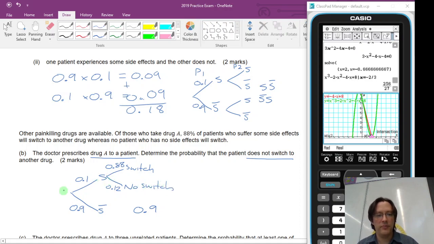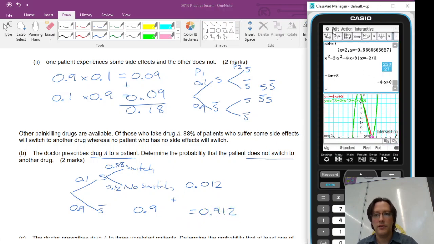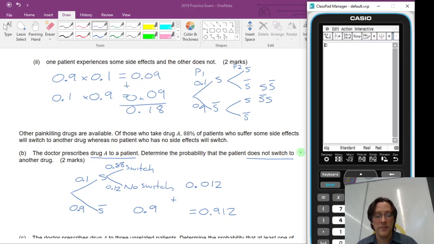So we could do this by working out this one down here, which is going to be 0.012. Add that to that, and that gives us 0.912. Or we could work out the other probability. The other probability is 0.1 times 0.88.